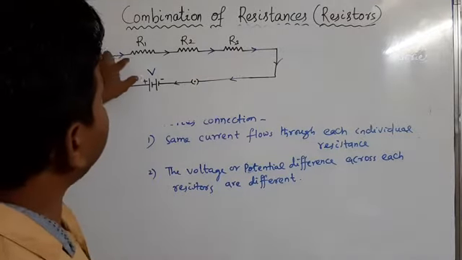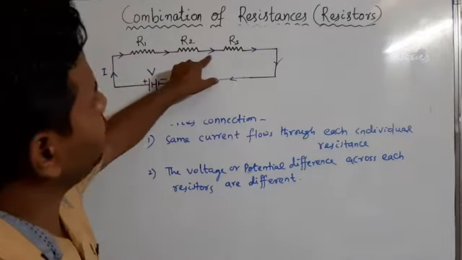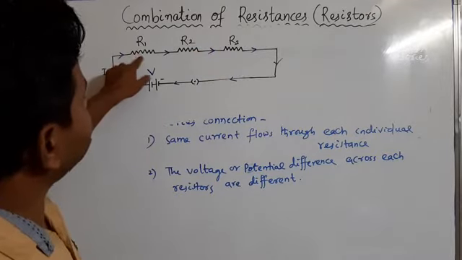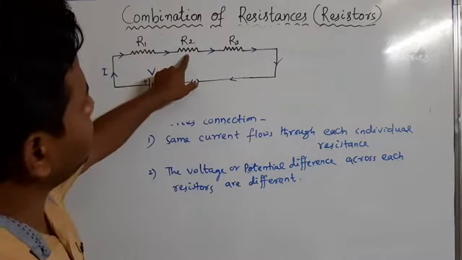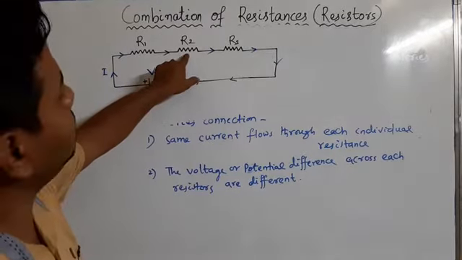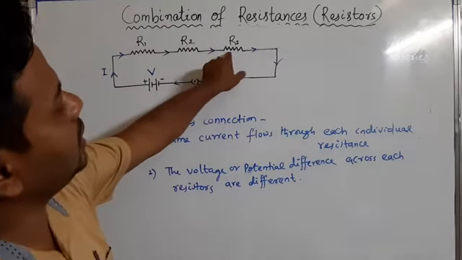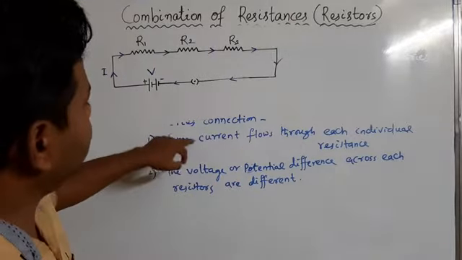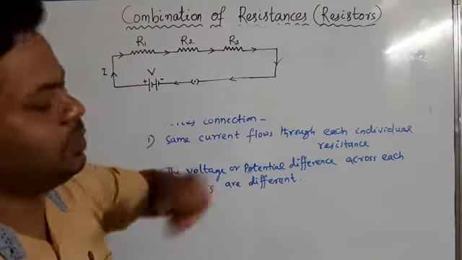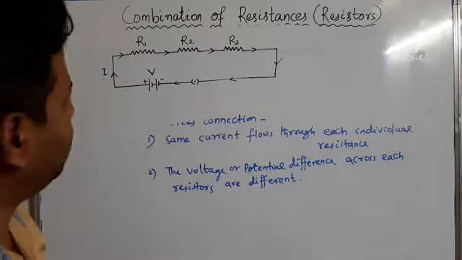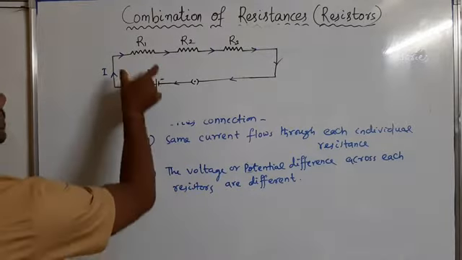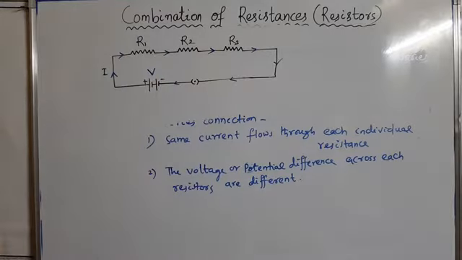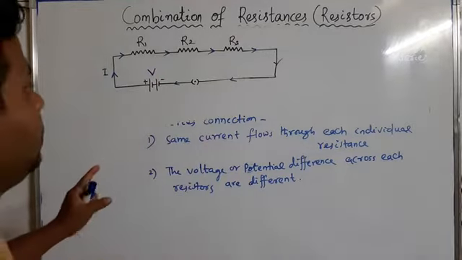So this is the only path through which the current flows. So I amount of current is flowing through R1, through R2, and through R3. So in a series connection, the same current flows through each individual resistor, but the potential difference, or you can say the voltage, across each resistor is different.